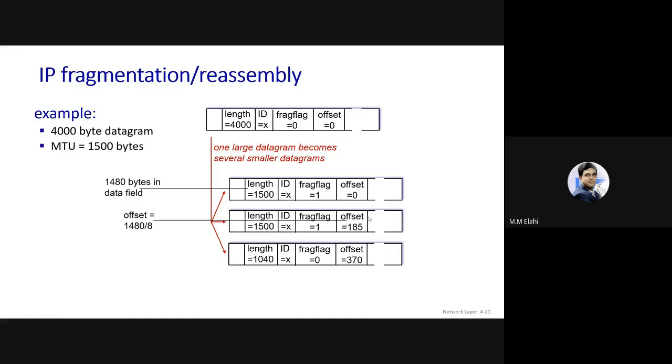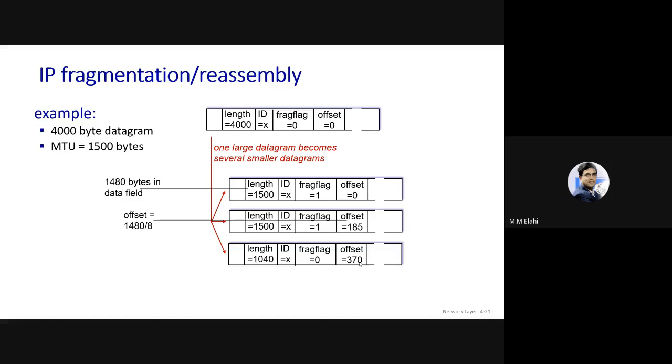Even if a fragment is lost, say the second fragment is lost, when the receiver sorts, it will see: okay, my first fragment is 0, the second fragment offset is 370. It cannot be true, because the first fragment has data 1480, so it must be 185, but I did not receive any fragment with 185.